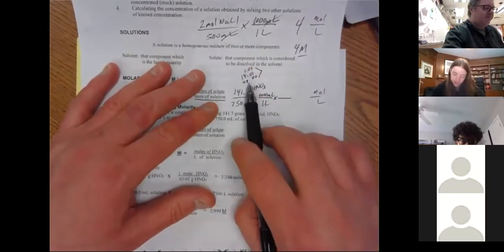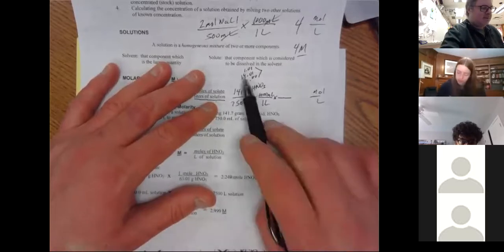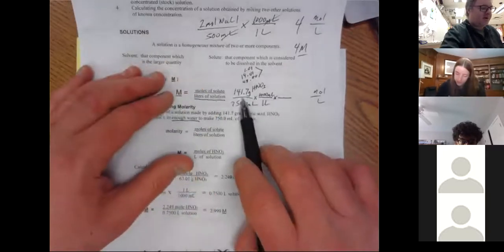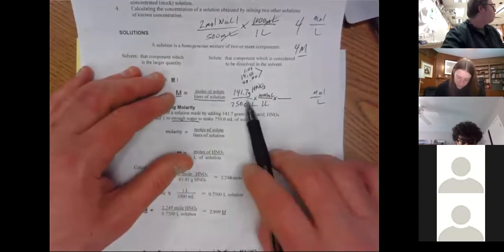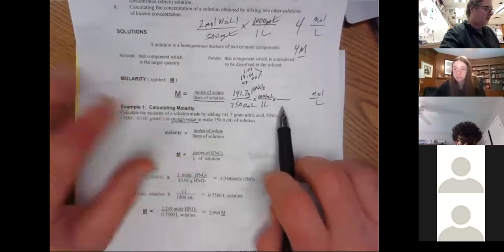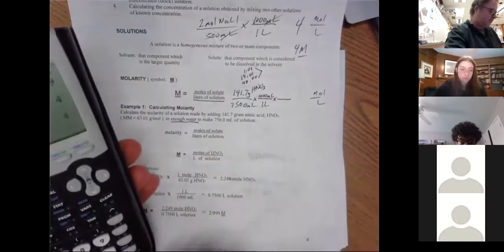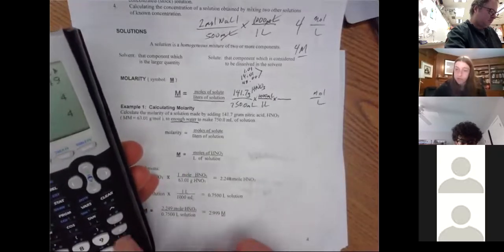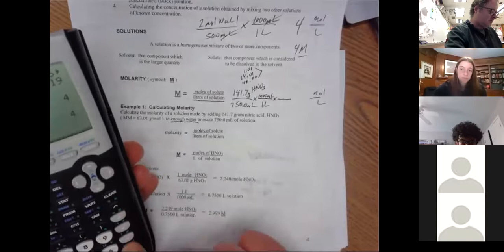Where did these numbers come from? Periodic table, correct. So you're going to need your periodic table. Anytime we go from grams to moles, you need the periodic table. What number is going down on the bottom here? Is it grams or moles? Grams.